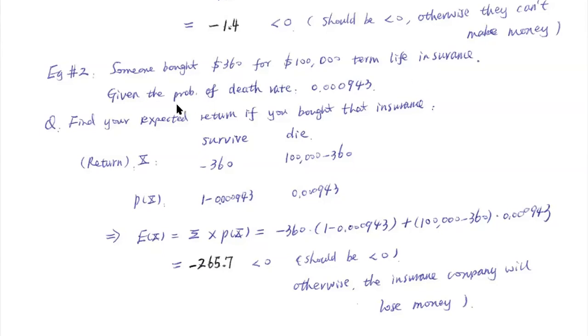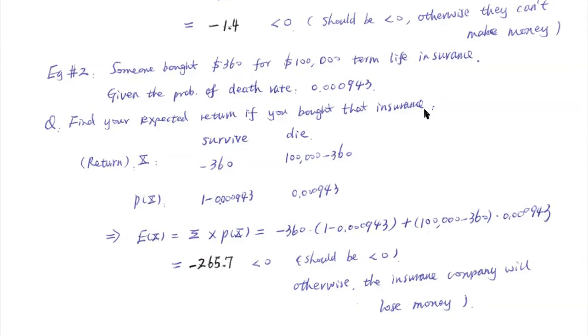Given the probability of death rate, everybody, is 0.000943. Okay, it is a very low probability, right? We know that. Now the question is, find out our expected return if we buy that insurance. So in other words, is that a good business for us to buy?